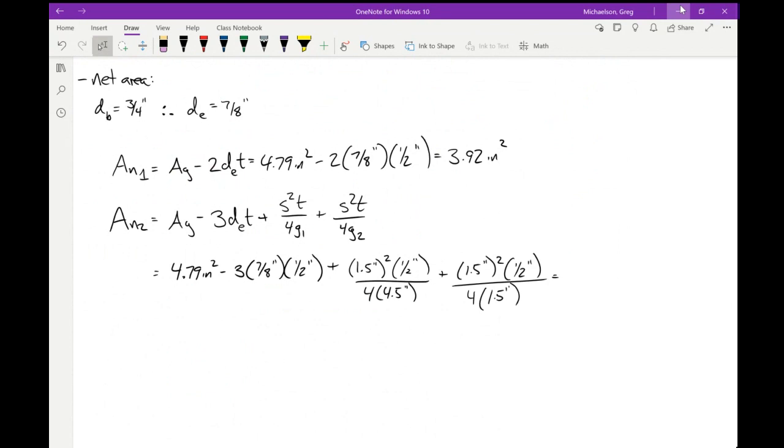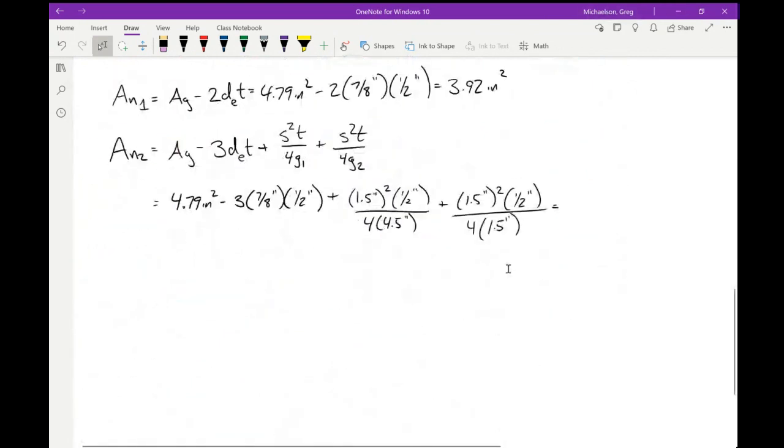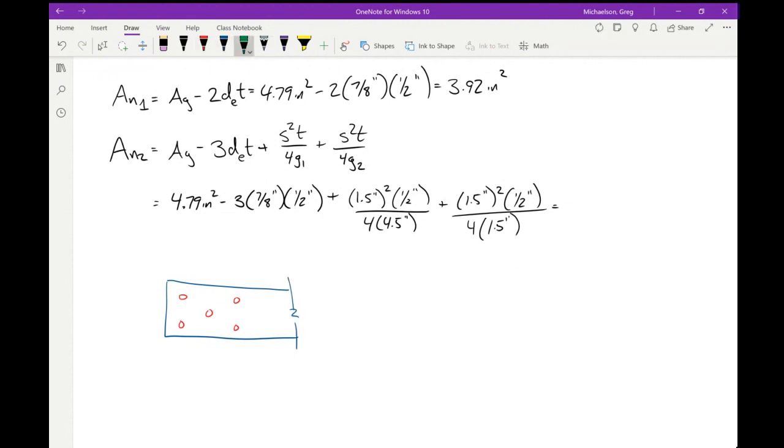Can you just briefly discuss how we understand how the S and the G's are? I kind of remember, but I'm not 100% sure. That's completely fair. Okay, so whenever you have a tension member, and I'll just draw some holes like that, and here's the tension member, and you're yanking on it like this.